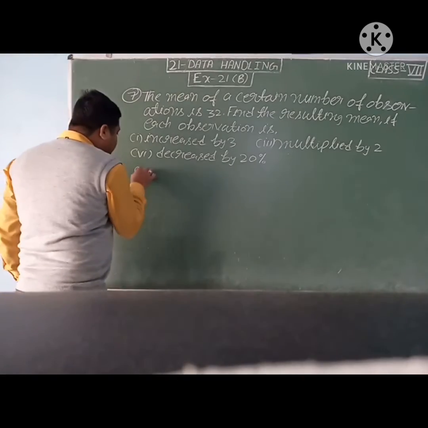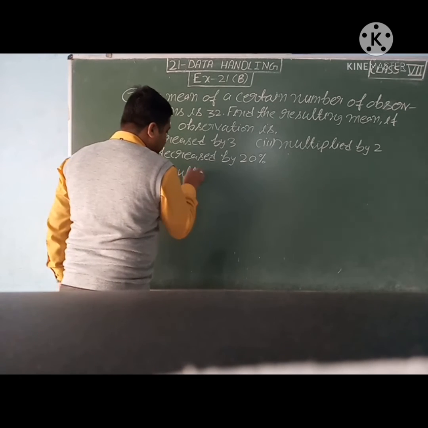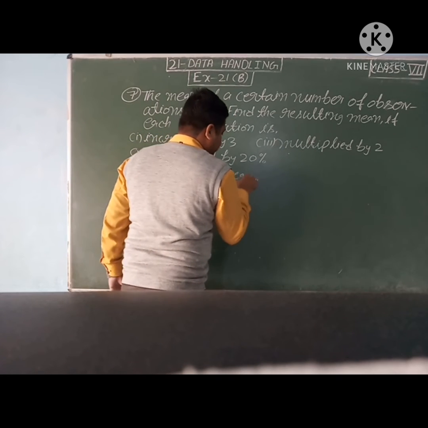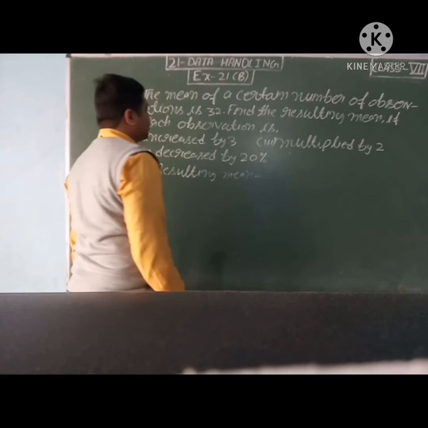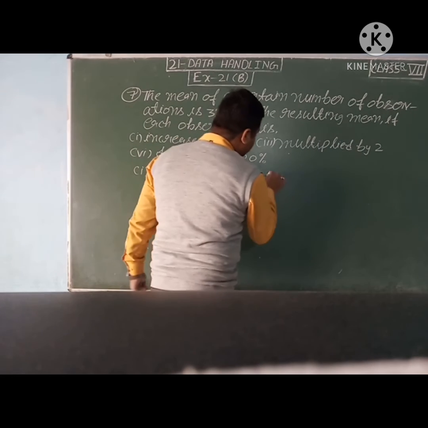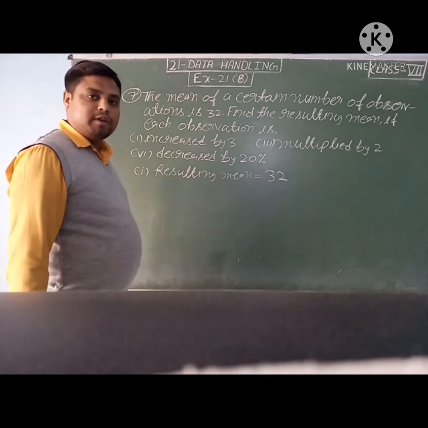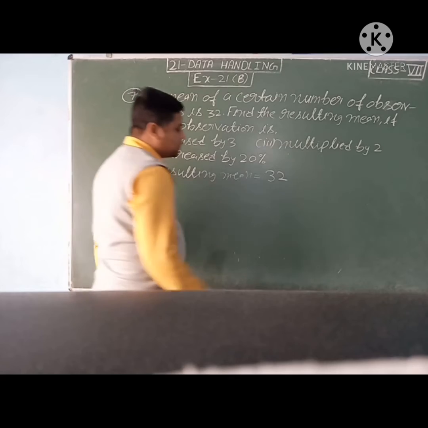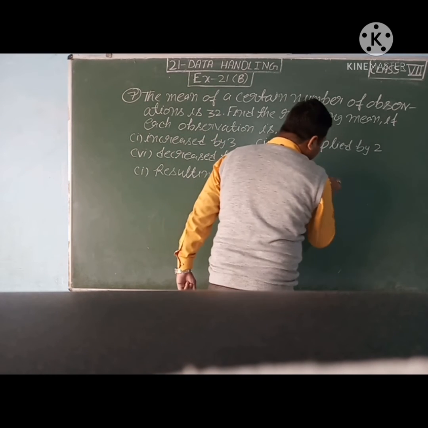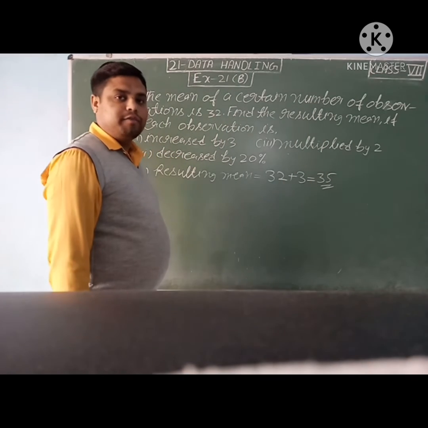So in the first part, the resulting mean is equal to the old mean, which is 32. What is the condition? Increased by 3. So what will we do? Plus 3. So it is equal to 35. So the resulting mean is equal to 35.